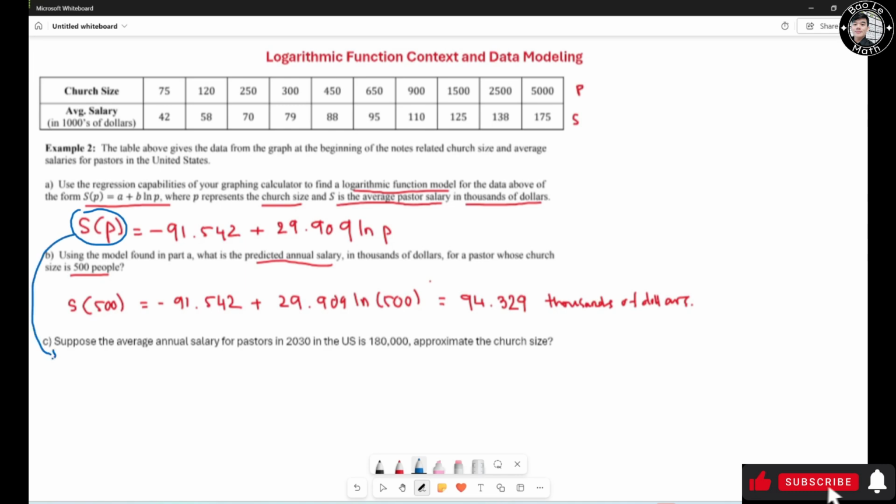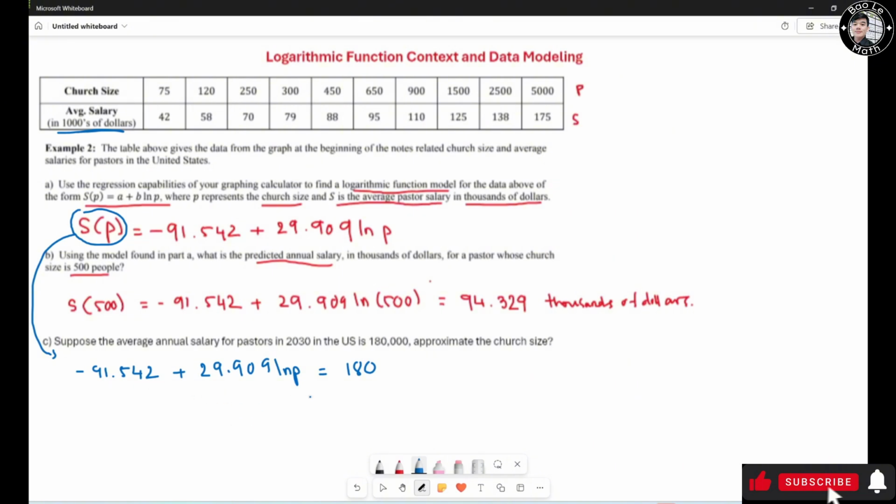So I have negative 91.542 plus 29.909 natural log of P equals 180,000, right? So it could be 180, right? Because the unit is going to be thousands of dollars, right?